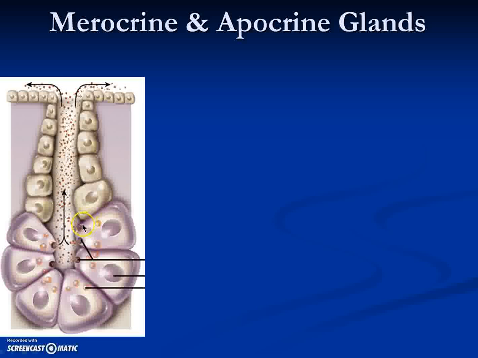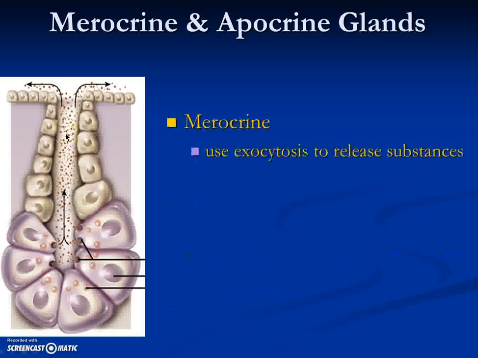When it does this, it maintains the integrity of the cell membrane, and so the cell isn't damaged or destroyed. So it just releases the products. Okay? So exocytosis is used by a merocrine gland to release its substance. Examples of this: lacrimal, gastric glands, pancreatic glands, all use these. All where we don't want the cells to fall apart. Okay? Where we need them to continue doing what they were doing.